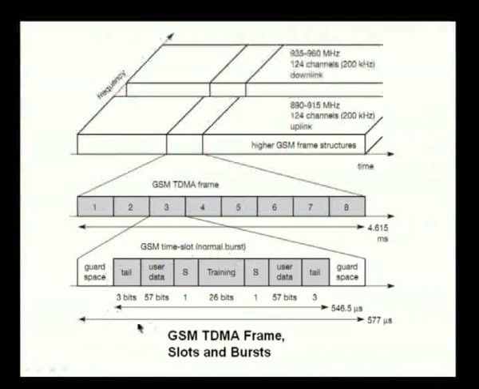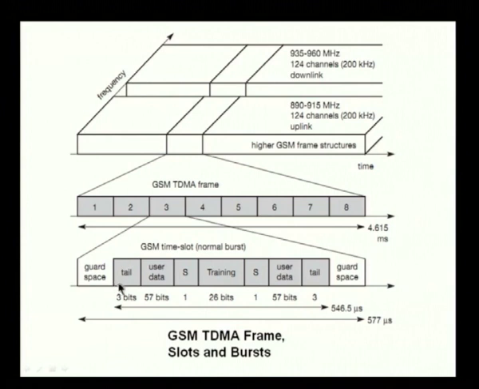Here, the duration is 577 microseconds and it includes guard space and tail, user data, training bits and the S bit, as well as tail, user data and guard space. The guard space ensures that two GSM time slot bursts are not overlapping, and the tail helps the receiver improve its performance.